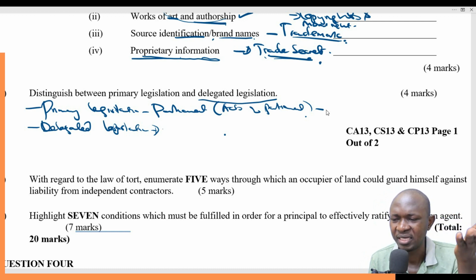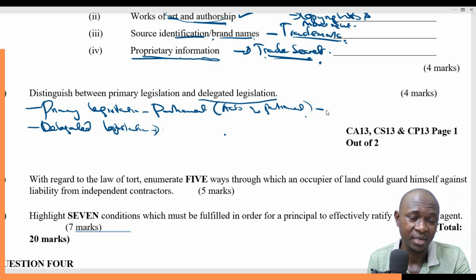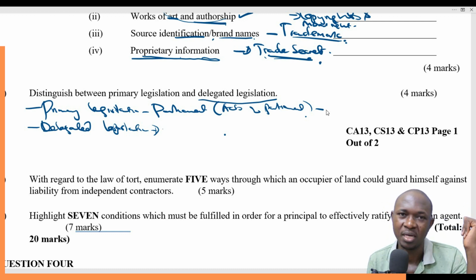That is what delegated legislation is. The parliament simply hands over powers to another party who can best handle that bit of law, and then it comes back to the parliament for ratification.